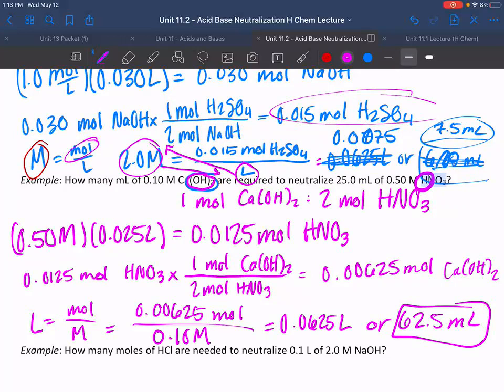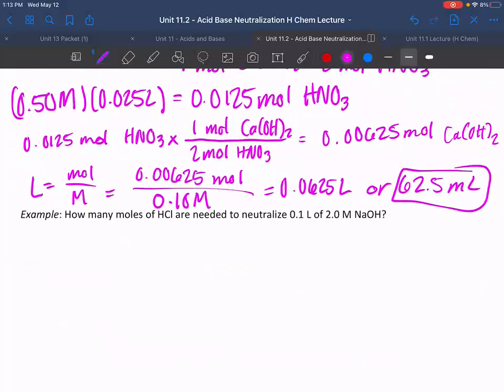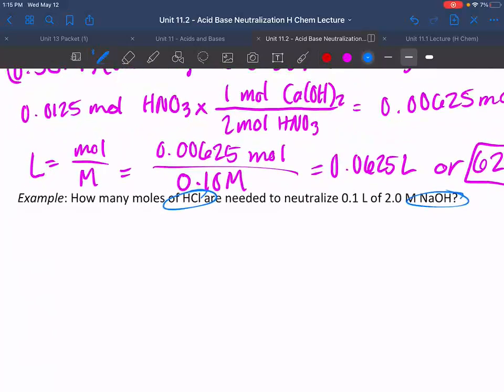Okay. This last one is super short and quick. What if it just wants to know how many moles are required? This one's even simpler. You get to stop pretty easily. What is the ratio between hydrochloric acid and sodium hydroxide? This is a 1-to-1 ratio. So all you need to know is how many moles of base you have.